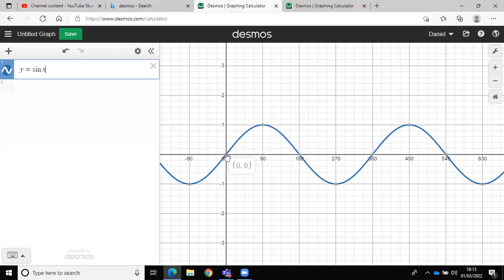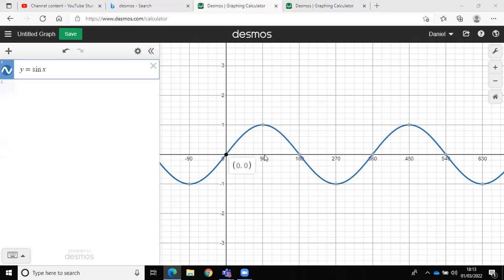Remember the sine graph itself, the key milestones. We've got a start point at coordinate 0, 0. So our sine graph, coordinate 0, 0 is where it starts. It goes up to a maximum at 90.